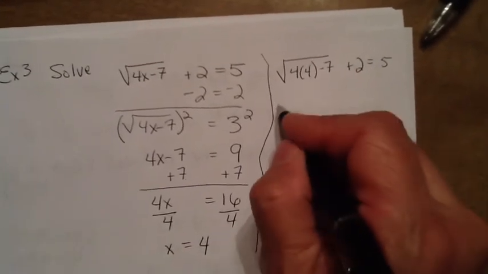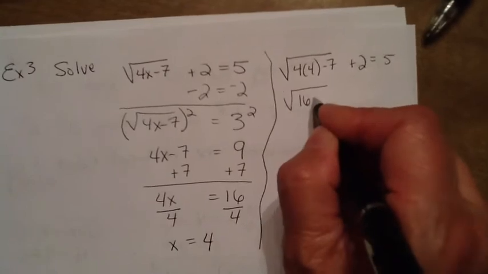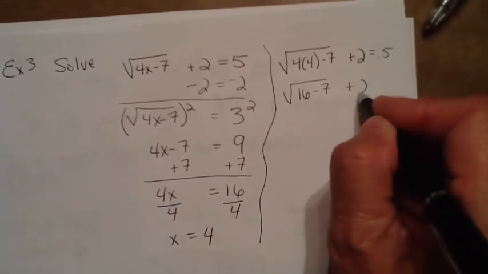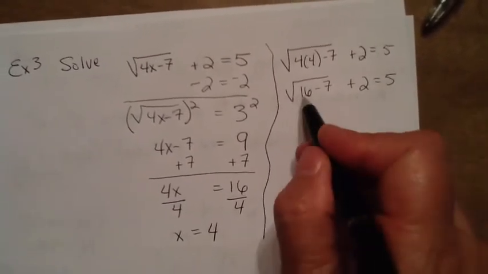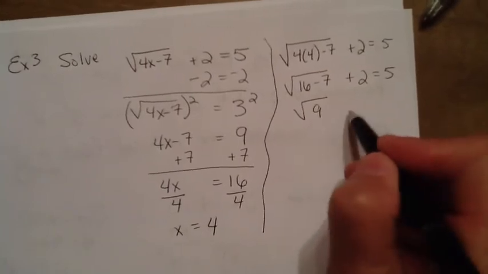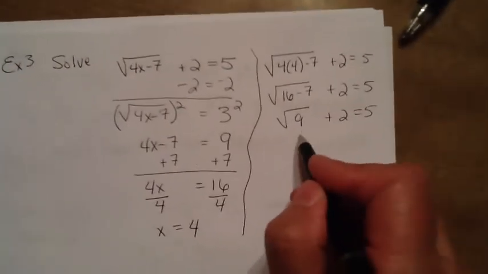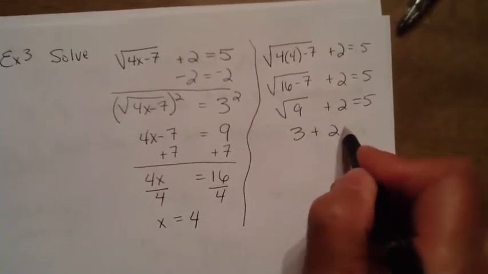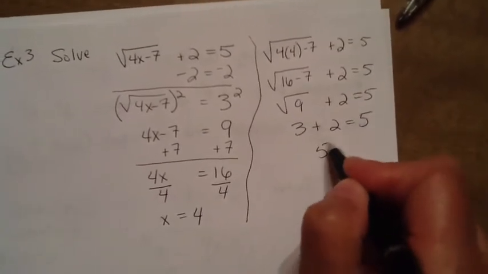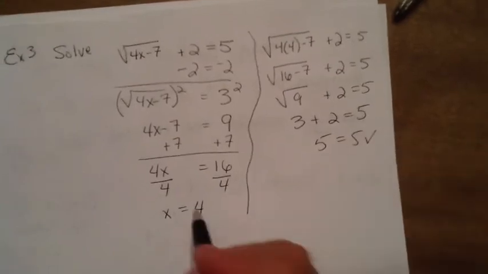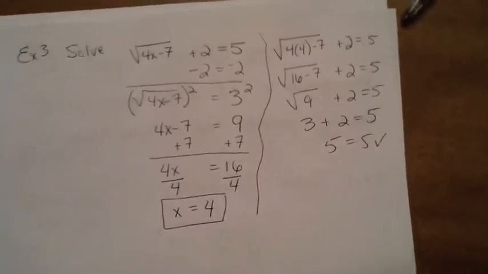Well, 4 times 4, that's 16 minus 7 plus 2. 16 minus 7 is 9. Well, the square root of 9 is 3. And 5 does equal 5, so this is a valid solution.